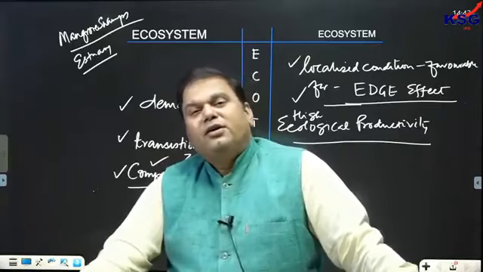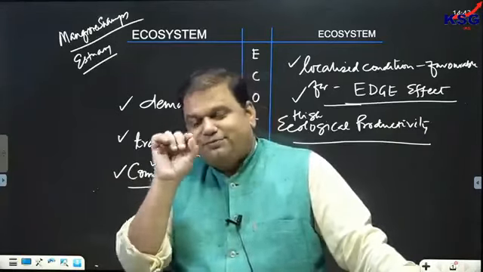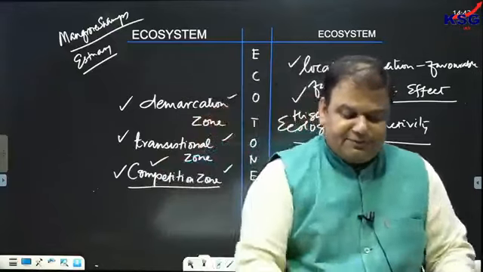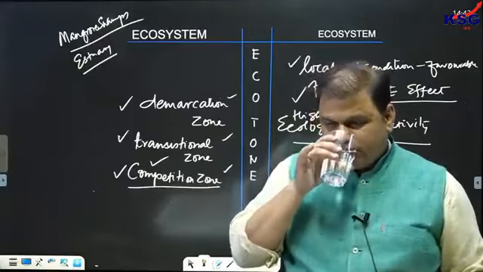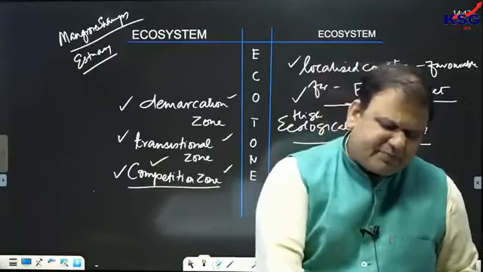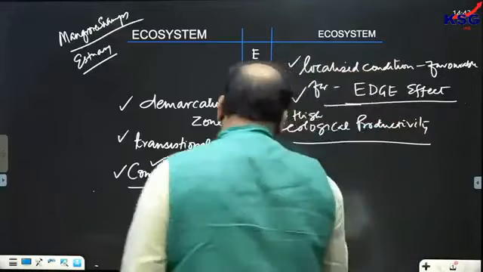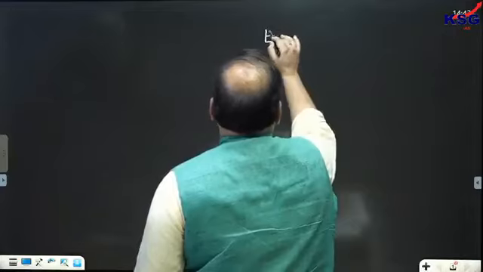Then, first of all, write down these two species. These are species which are important from environmental perspectives. Let's write down the two and then we discuss the other three or four. First is your EDGE species.